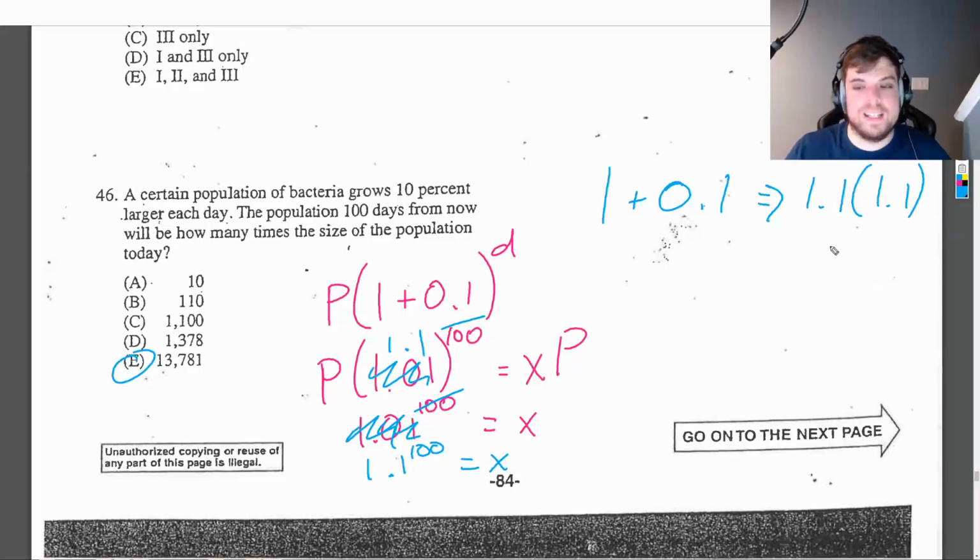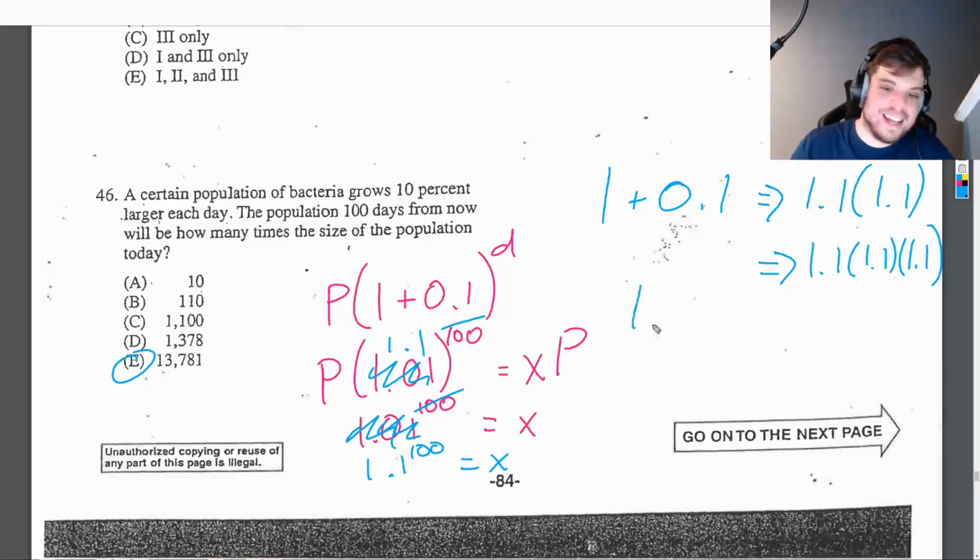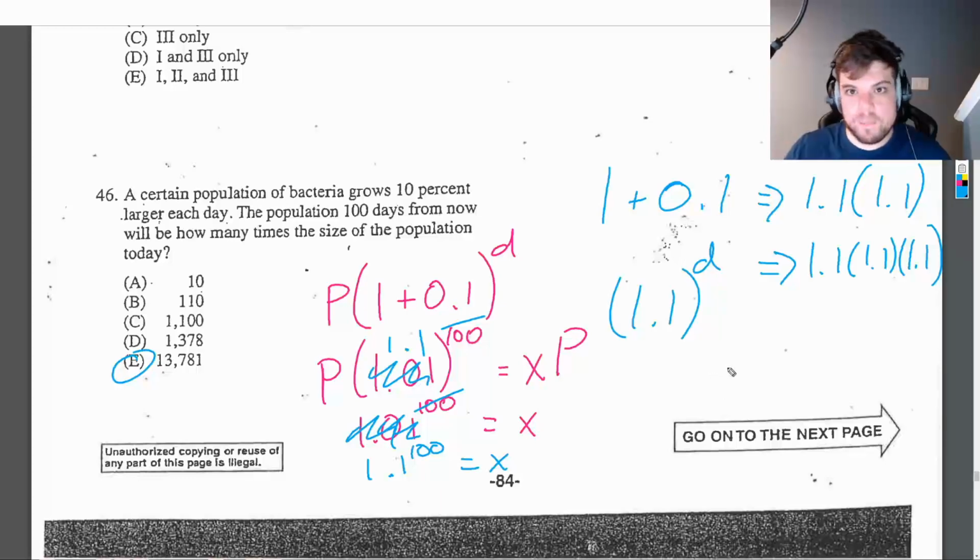And then whatever the next day is, 1.1 times 1.1 times 1.1, which means that it's going to end up being 1.1 to the d number of days. And that's how we get this sort of growth factor with an exponent. And you put the P in the front as just the initial population. This is like those exponential growth models that you should be familiar with.